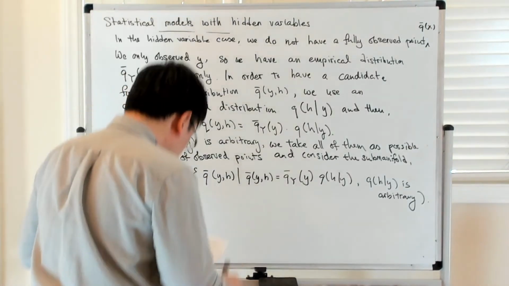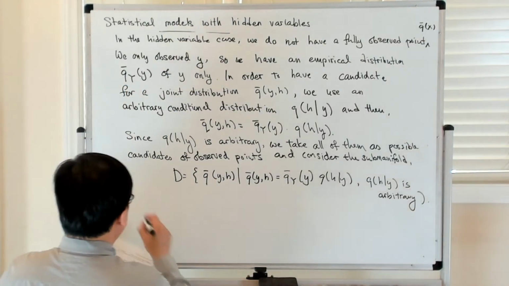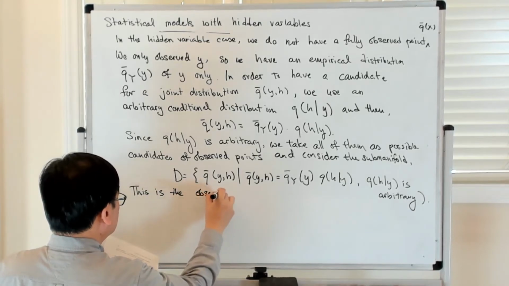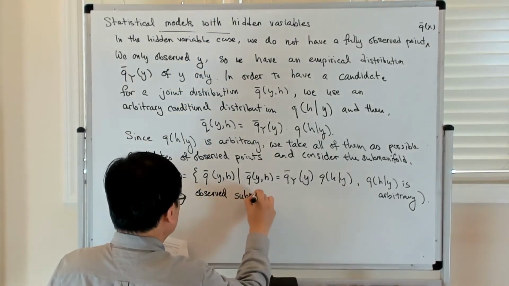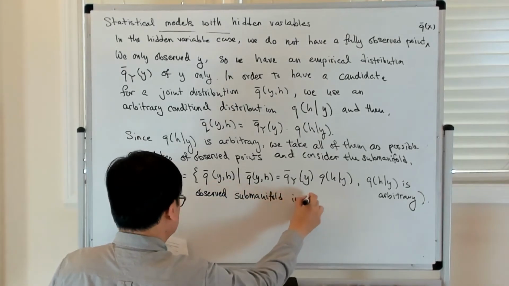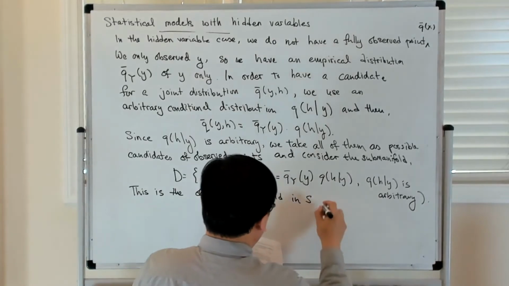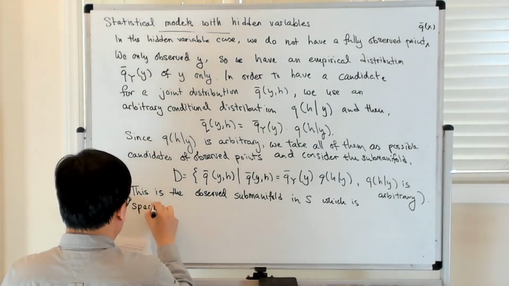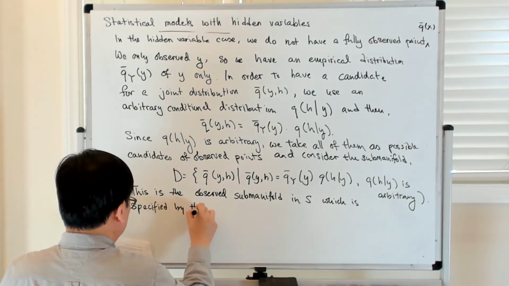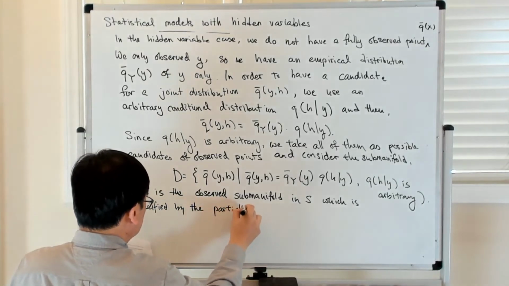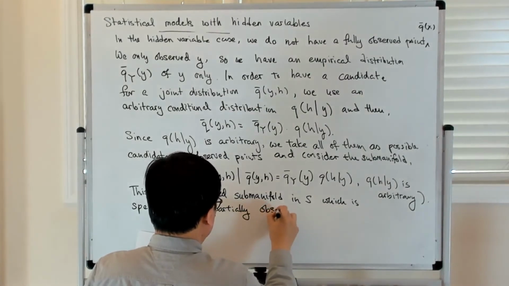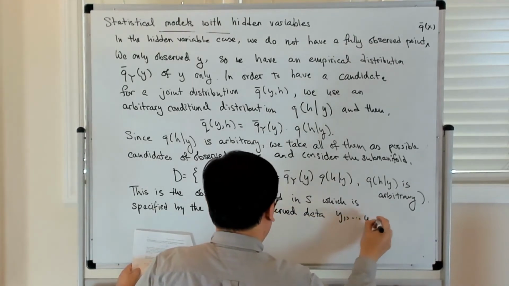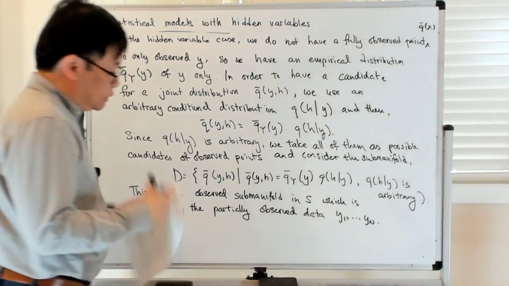Okay, so this is the observed submanifold in S, which is specified by the partially observed data Y1 to Yn, right? So that's not so surprising.